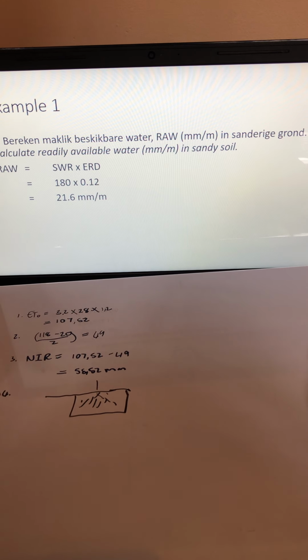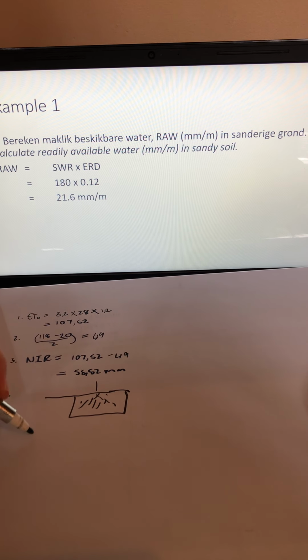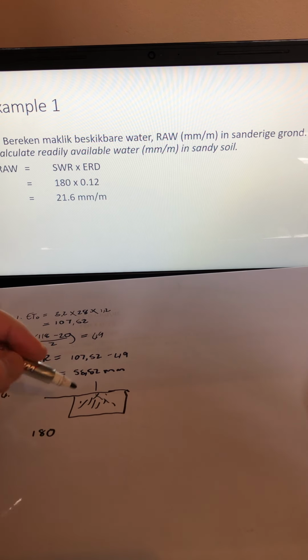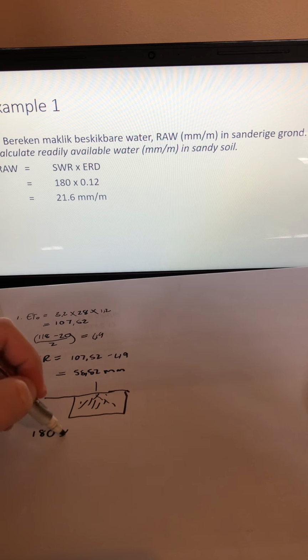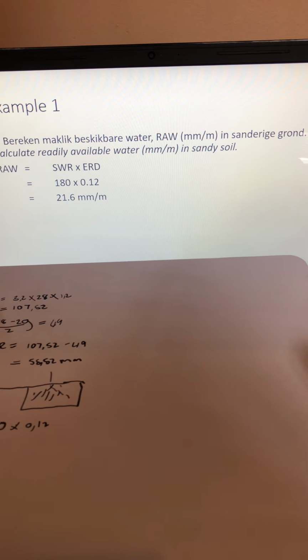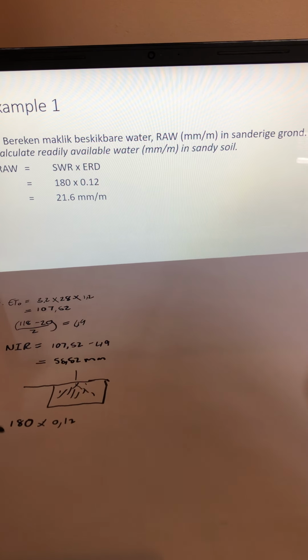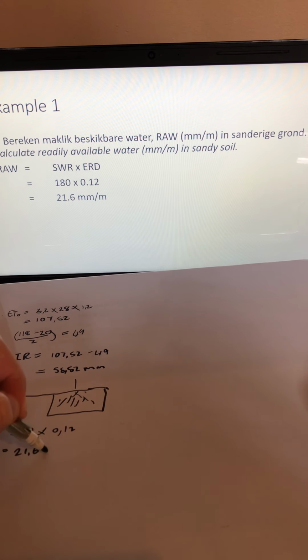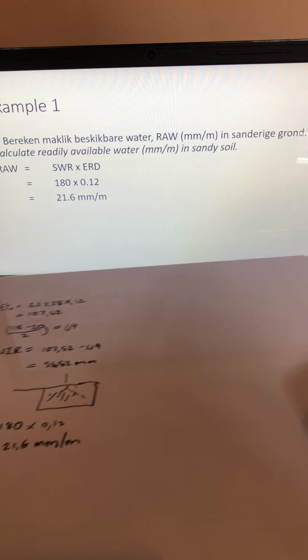So that's why you multiply the effective root depth, and from that first slide, 180 is the soil water capacity of the soil, multiplied by 0,12, which you'll also find on that first slide for the root depth, and that'll get you 21.6 millimeters per meter.